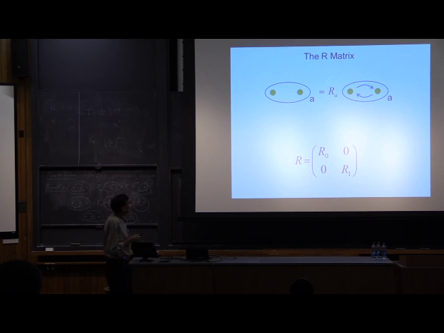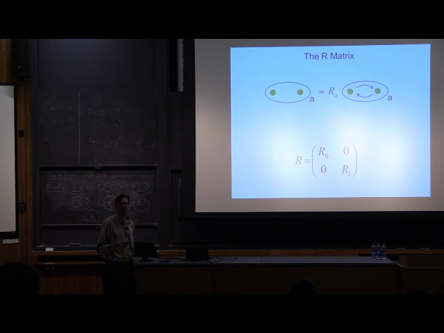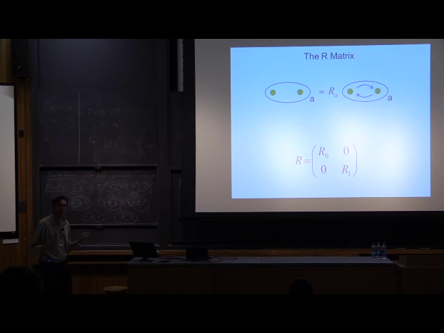So the most that can happen is I'll pick up some phase, and this phase will depend on the total charge. You can think of this as a generalization of a very familiar fact with ordinary spin. If you have 2 spin 1/2 particles in a singlet state and you interchange them, you get a minus sign. If they're in a triplet state, you get a plus sign. So spin 0, you get minus. Spin 1, you get plus. Those, of course, square to 1 because 2 exchanges are equivalent to the identity.